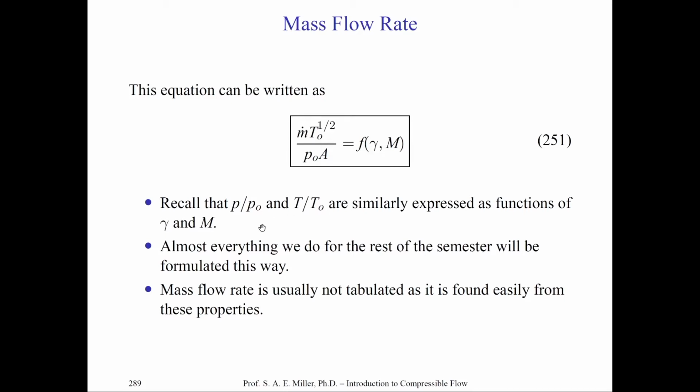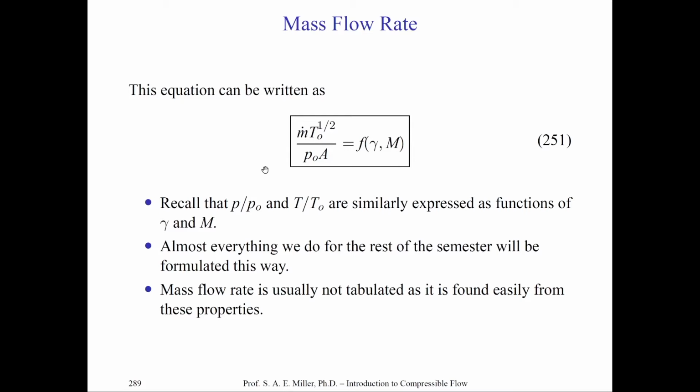Please recall also that P naught and P and T naught and T are also expressed in terms of gamma and Mach number. You'll see many other functions in this class coming up in that form. Therefore, the charts we create in this class might often be looked at as charts of varying constant gamma with increasing Mach number for each particular gamma. And then we can find particular values of m dot in the tables.